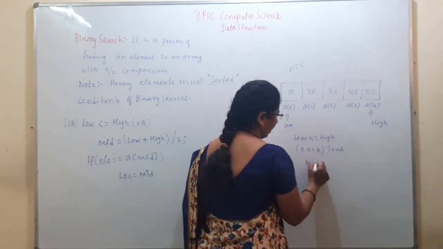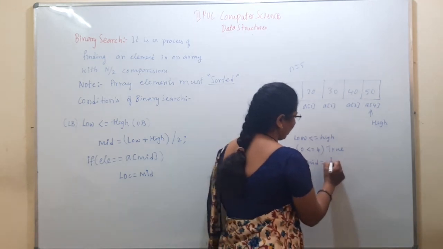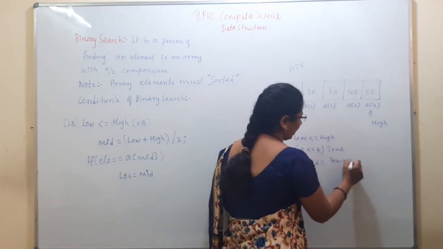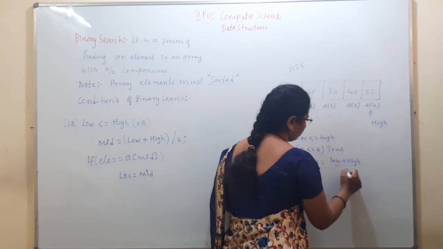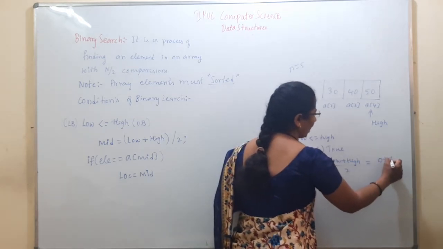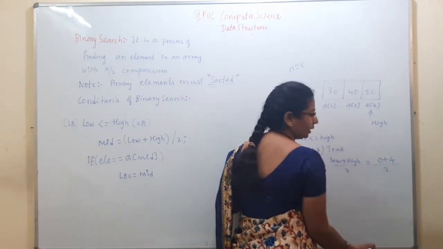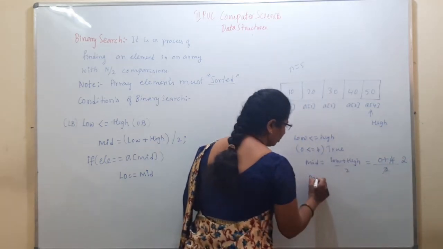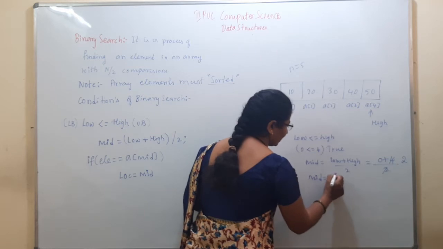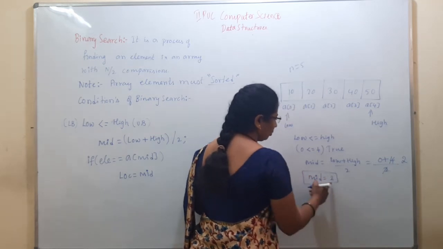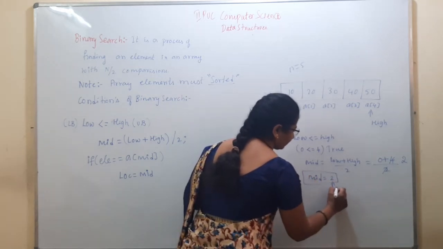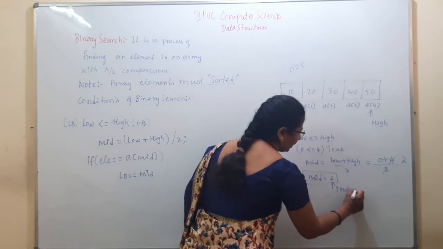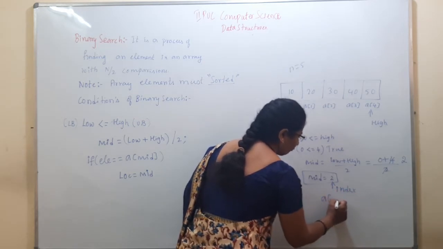Then find the mid value by low plus high divided by 2. The low value is 0, the high value is 4, divided by 2. You will get 2. The mid value we got is 2. Here 2 is the index. What is A of mid?